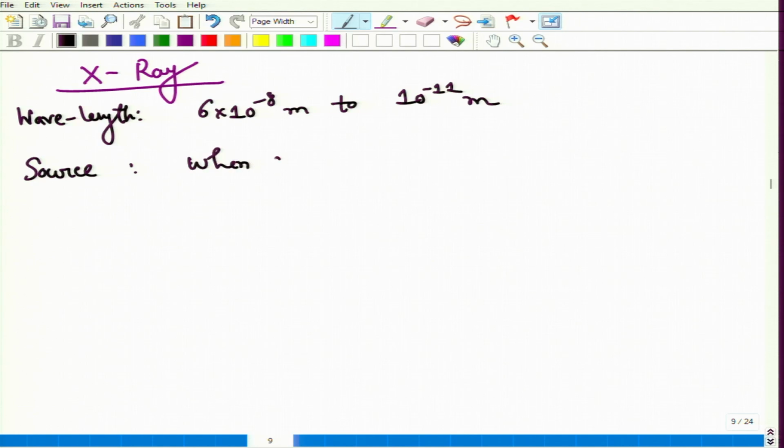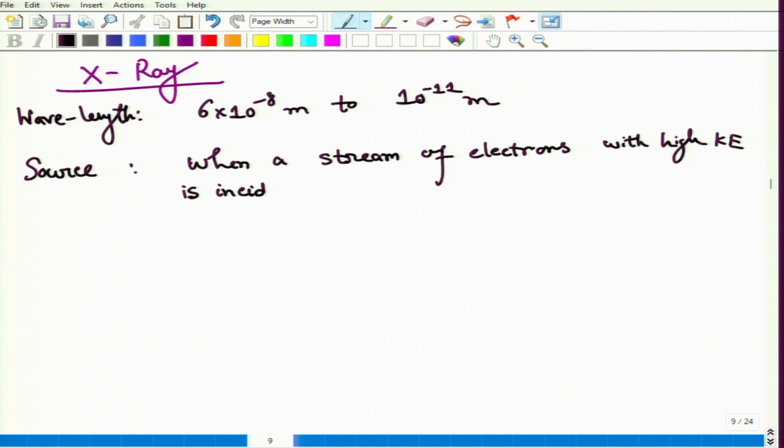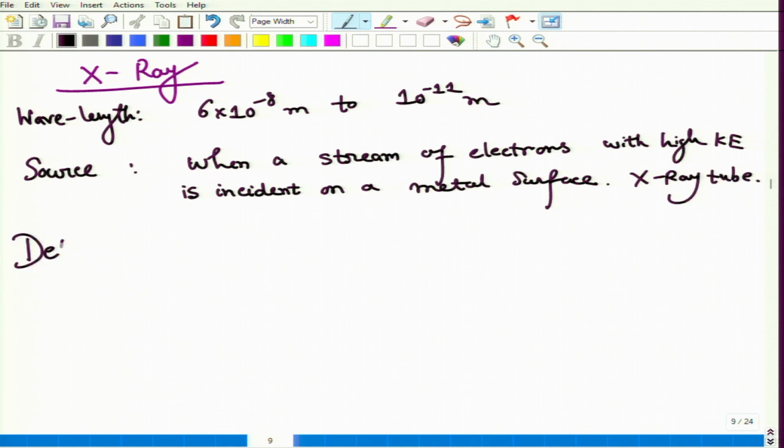When a stream of electrons, which is essentially the cathode ray, with high kinetic energy, is incident on a metal surface, in an X-ray tube, X-rays are produced. And how is it detected?